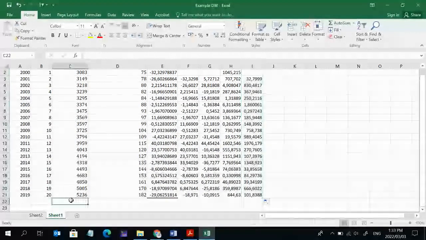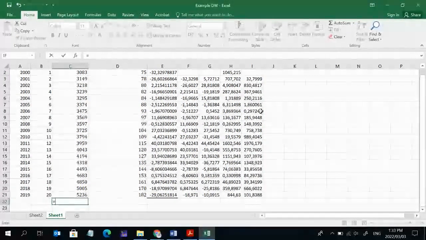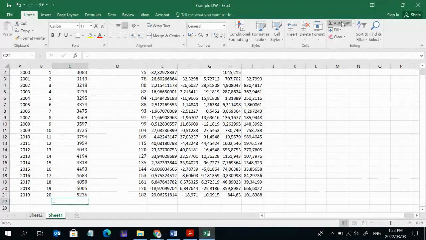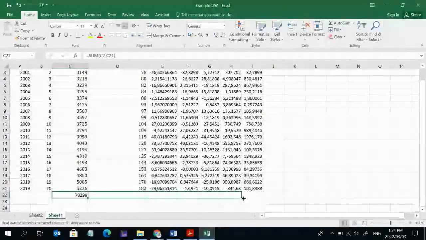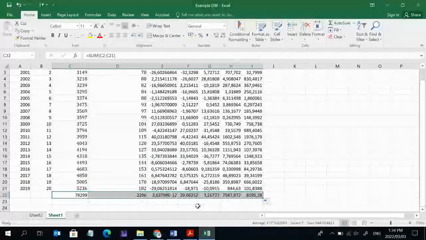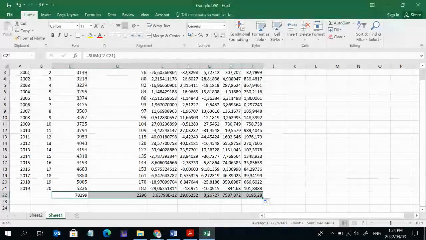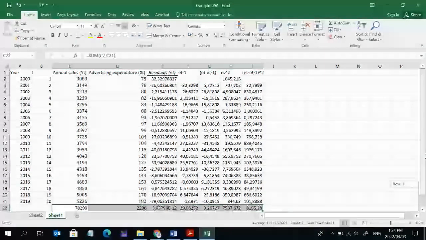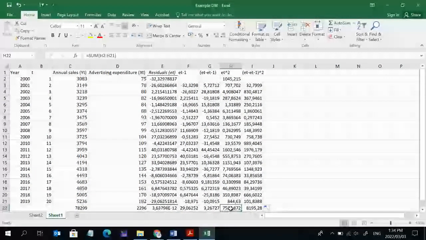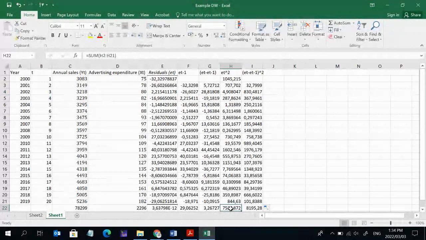I'm going to calculate these sums like this. So it's simple like that. Here are the sums. So the sum for ET squared is this one.